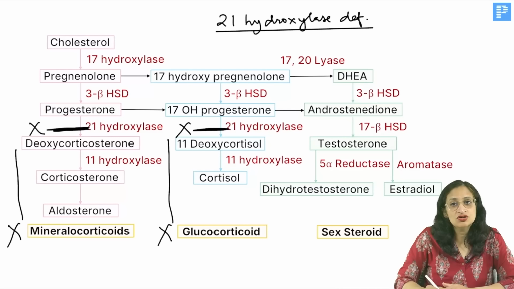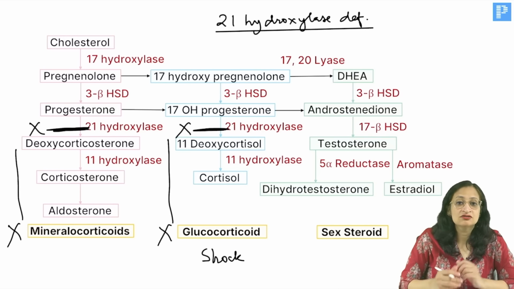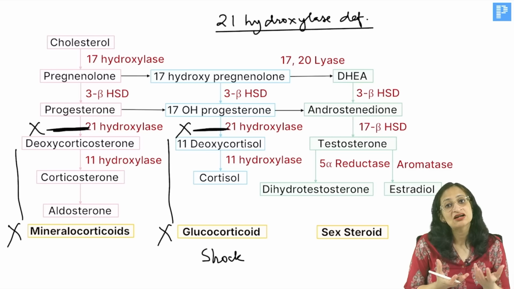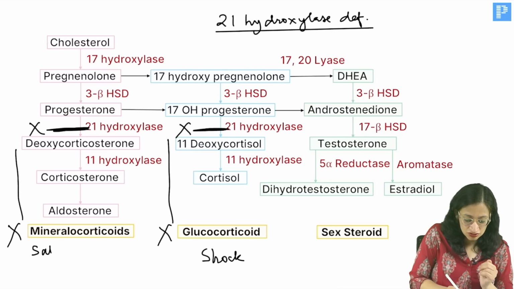No glucocorticoids, so the child is in shock. No mineralocorticoid means aldosterone is not there. Aldosterone is not there, so sodium and water are not getting absorbed and potassium is not getting excreted. So there is salt wasting, that means loss of sodium and water, and there is hyperkalemia.